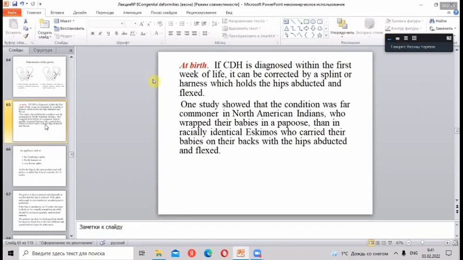One study showed that the condition was far less common in North American Indians who wrapped the babies in a papoose, and in Eskimos who carried the babies on their back with hips abducted and flexed.